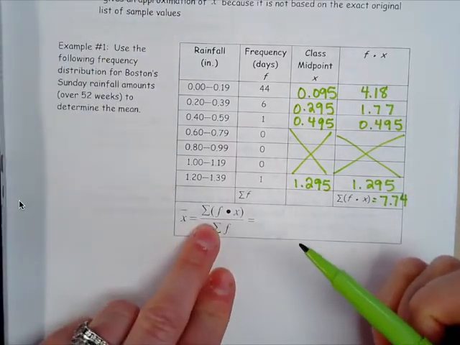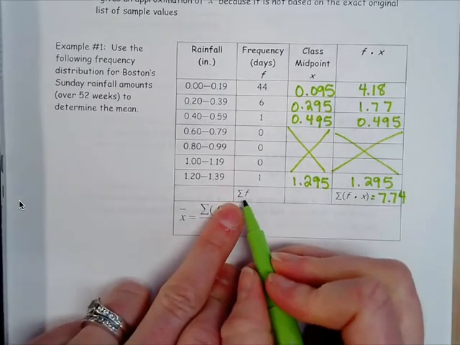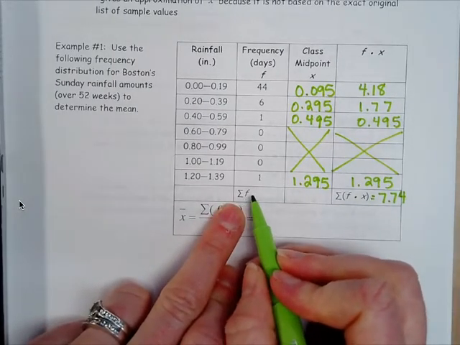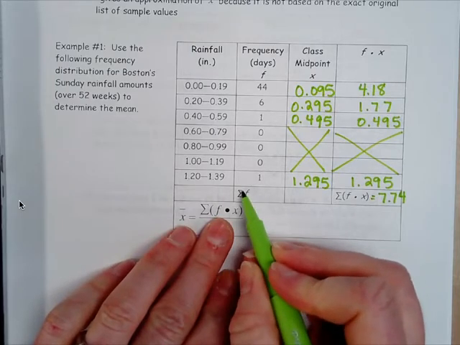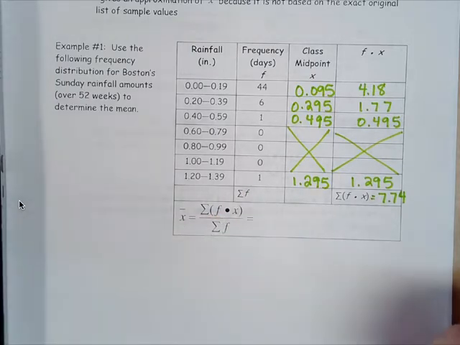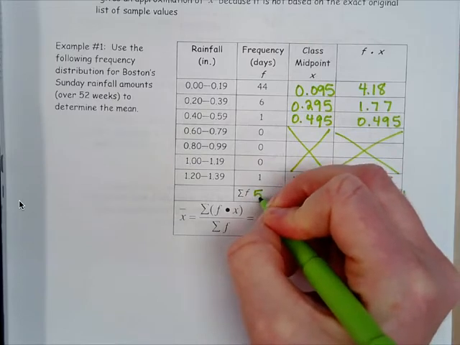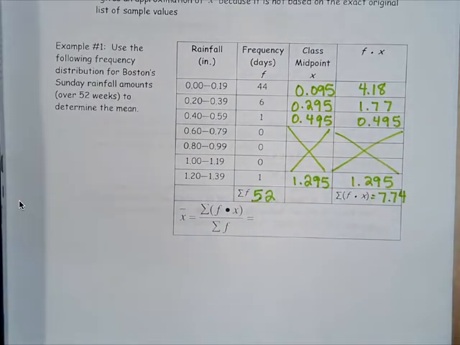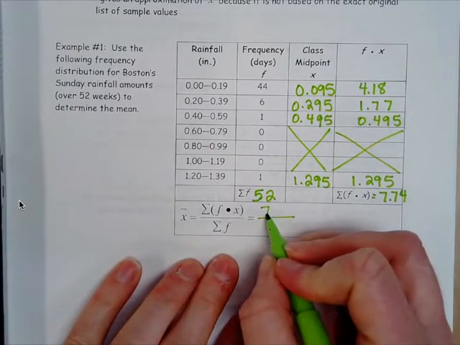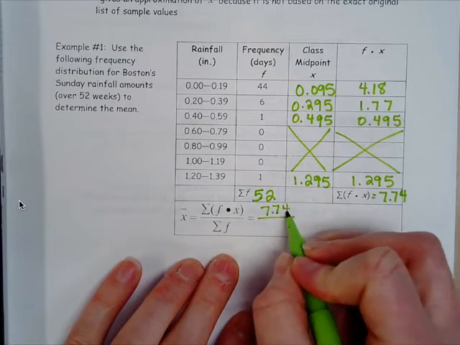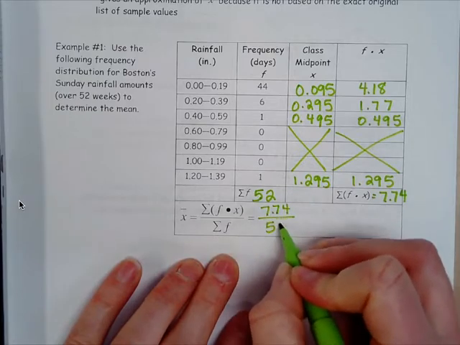So we're going to use this formula. Oh, we need to know the summation of F. Summation of F would be your N, how many data values there are. How many are there? 52. So we're going to divide our total amount by how many data values we had.